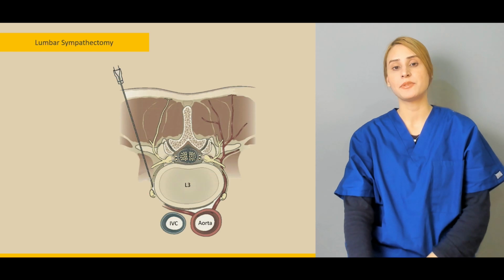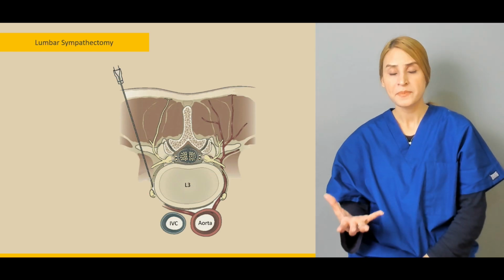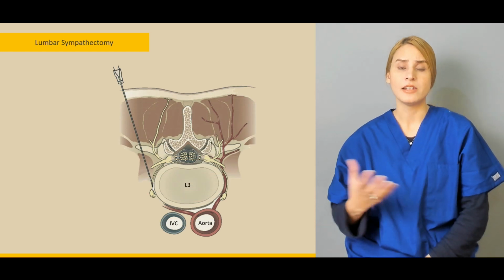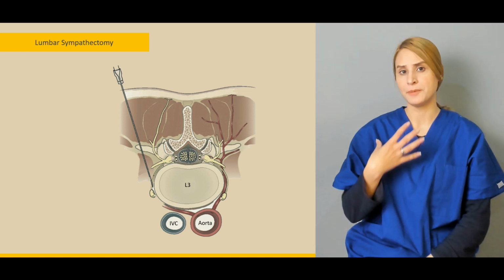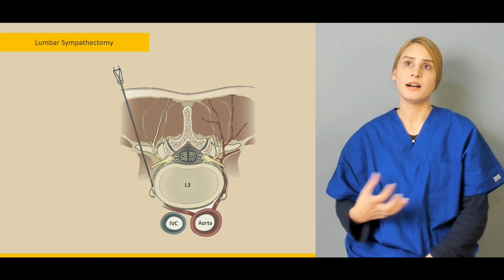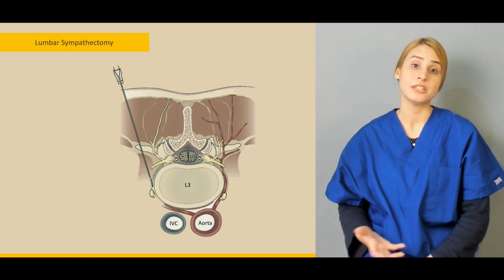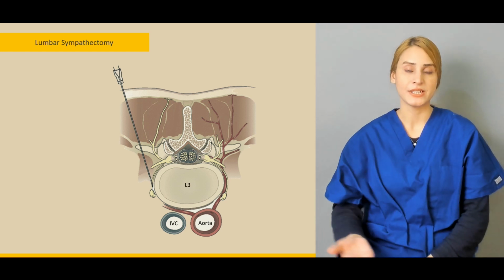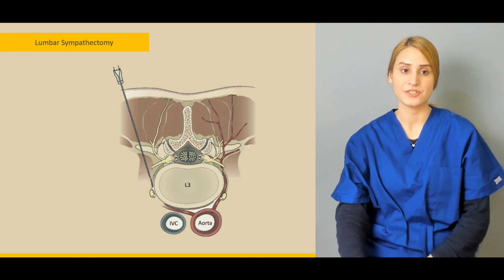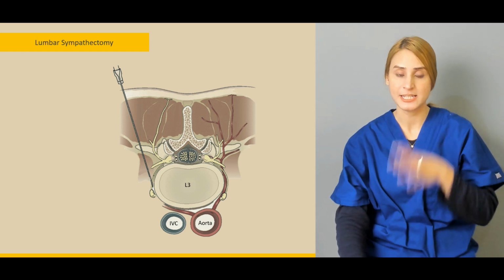Lumbar sympathectomy was usually performed in the past for chronic lumbar pain, usually sciatica. But now there are other non-invasive procedures which can be used to treat these vasospastic conditions instead of lumbar sympathectomy.